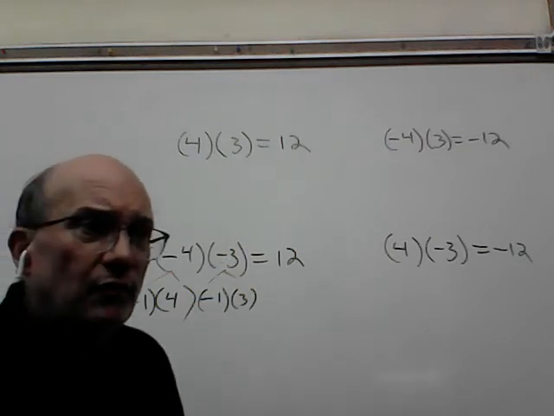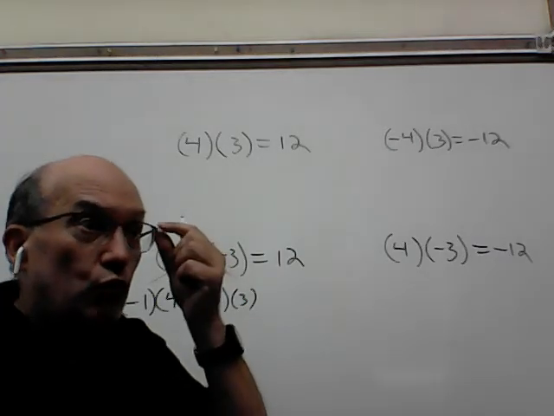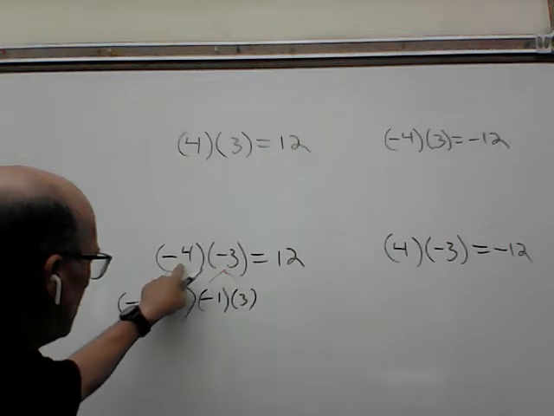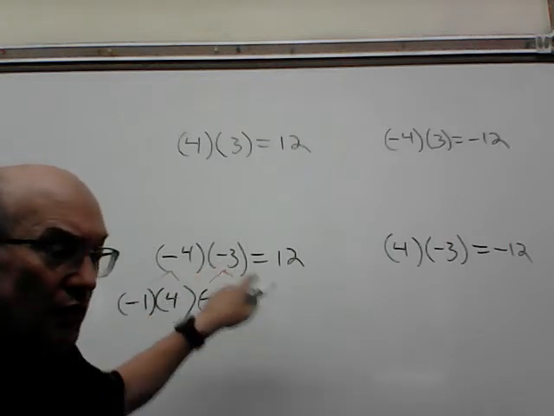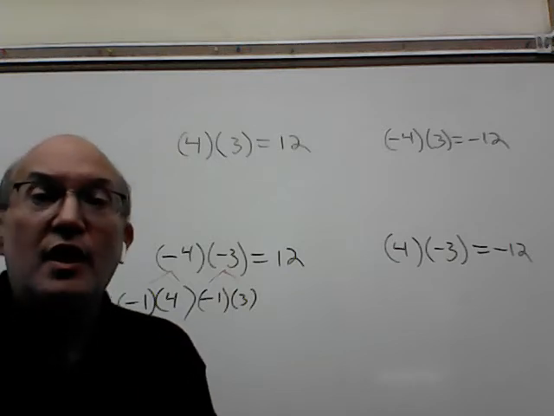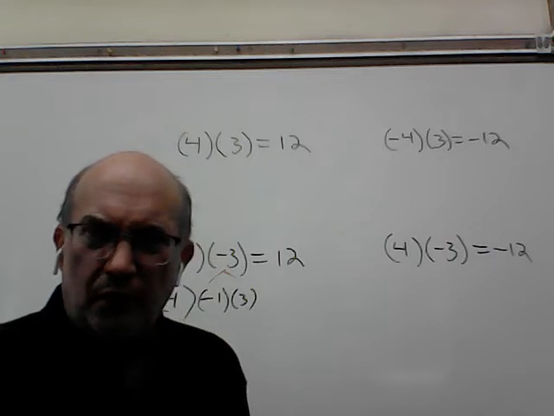Now you might say, well, aren't we just using the rule for multiplication here? These are different signs, so it's negative. These are different signs, so it's negative. Well, that's true, but we don't have to use that. You can't really use what you're trying to prove in the proof.